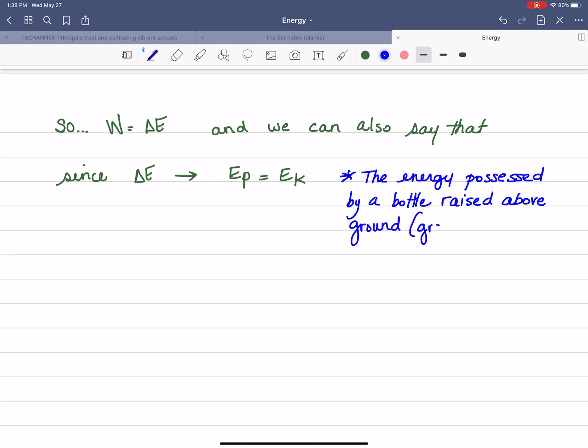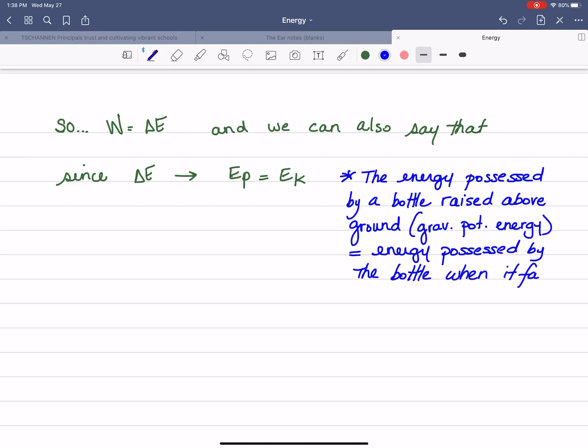So here we have gravitational potential energy equal to the energy possessed by the bottle when it falls. And so that becomes energy of motion, and so that becomes kinetic energy. As it's falling, we have kinetic energy. And so that's why we're dealing with a change in energy. Okay, so change in energy, or a delta E.